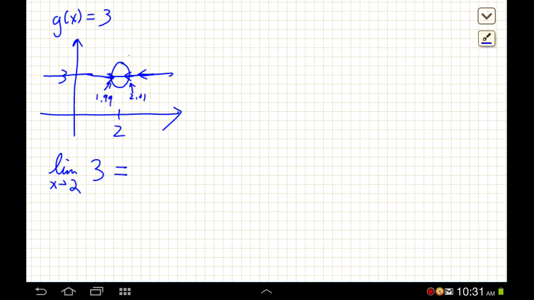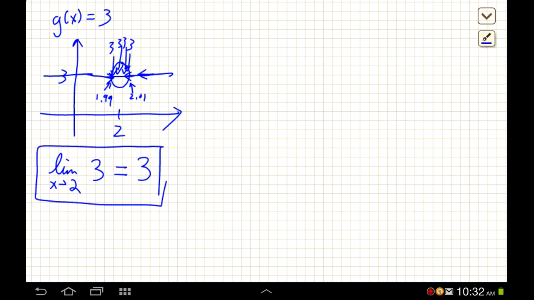Then you can see the corresponding y values will approach the limit value we want. In this case, it's 3 everywhere within the circle. So for that reason, the limit as x approaches 2 for our expression 3 is equal to 3. This is our first term that we evaluated.